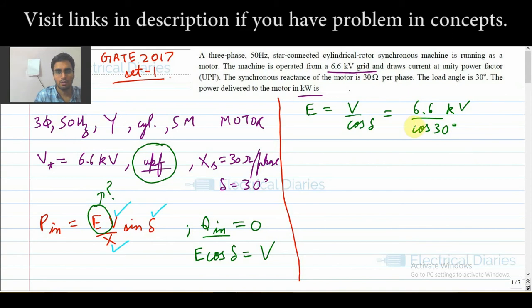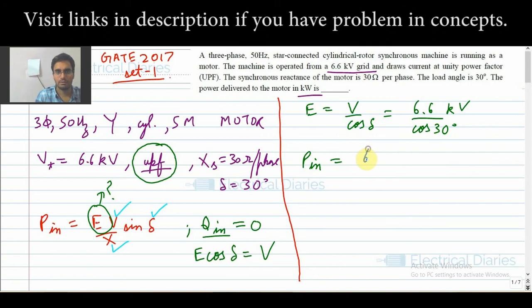Don't get confused. You can easily put the line values here for V, and just don't solve it, let it be in kV only, so our power will automatically come out in kilowatts. I hope you know this much units manipulation. Now we have got E, so just put it in the P formula.